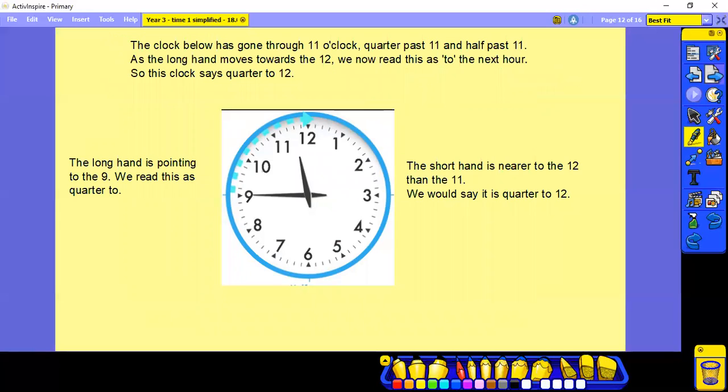So the clock below has gone through 11 o'clock, it's gone through quarter past 11, it's gone through half past 11, and now that the long hand has moved towards the 9, it means now we're looking at it as quarter to. And if you look here, you can see that the short hand is between the 11 and the 12. So we now read this as 11:45.